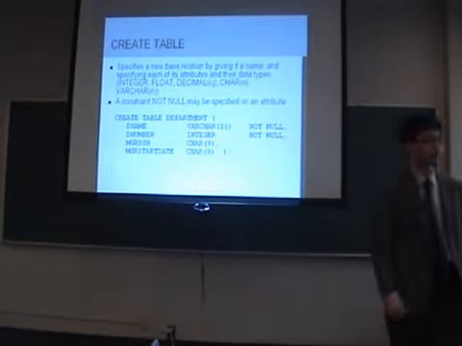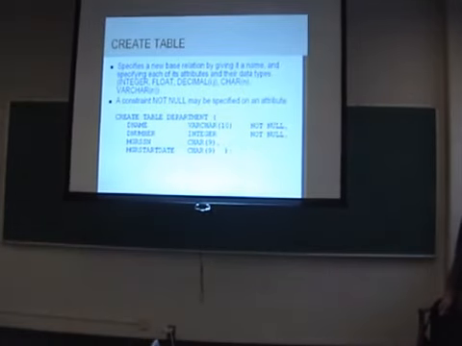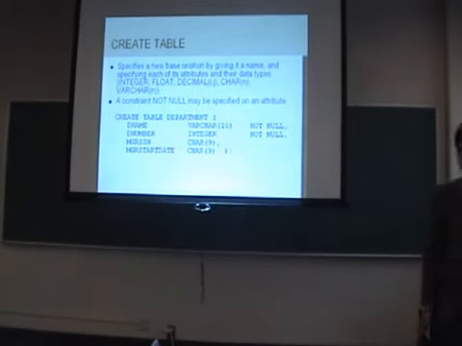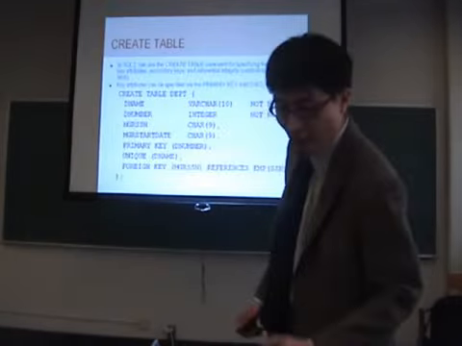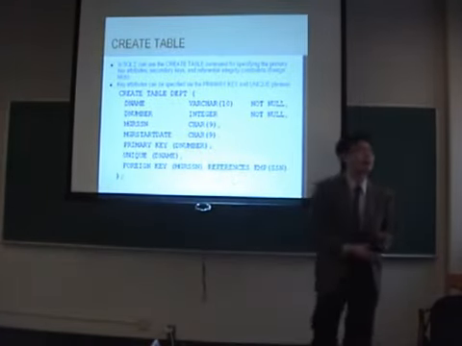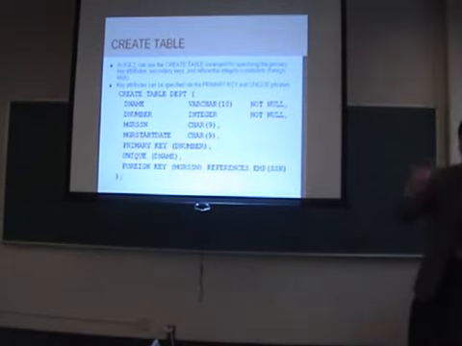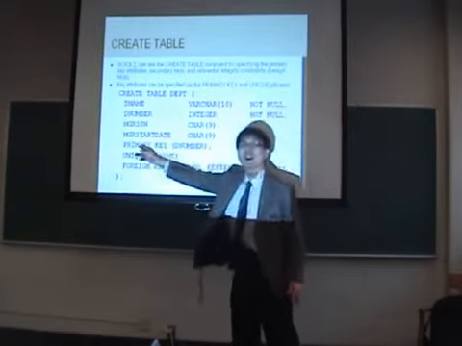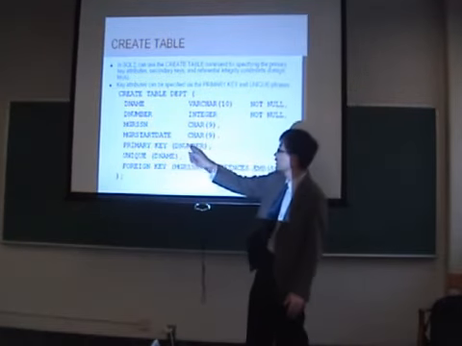Yes? How can we define the primary key? For example, we didn't define it. If you want to define a primary key, you can specify primary key after the last column. You can specify that the primary key is the number.